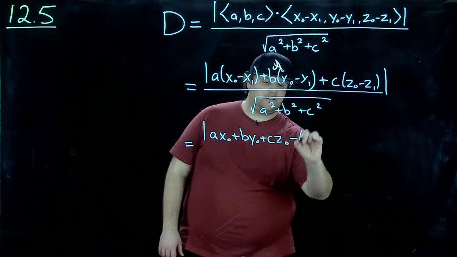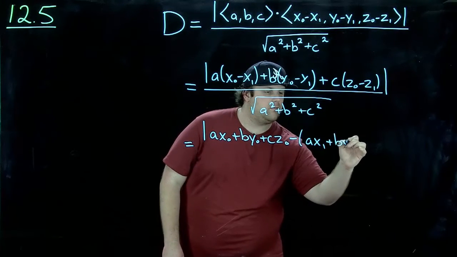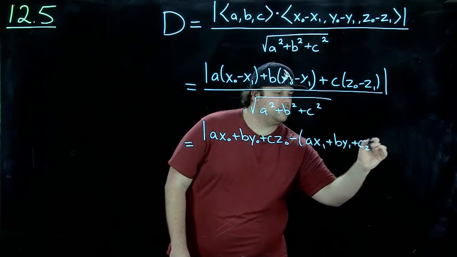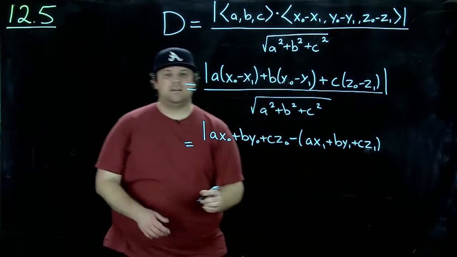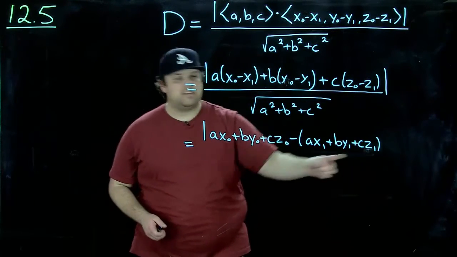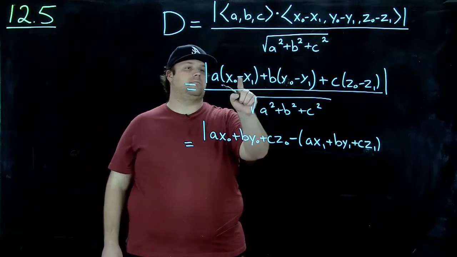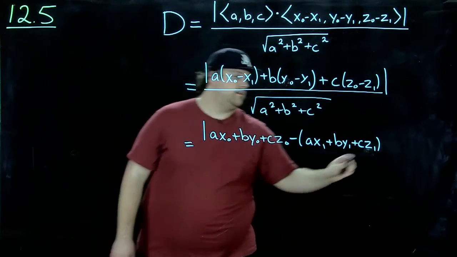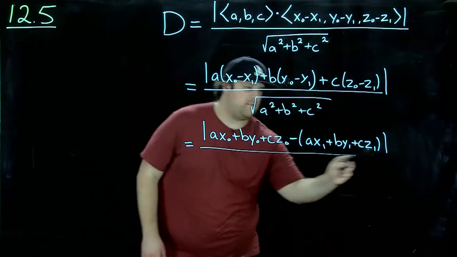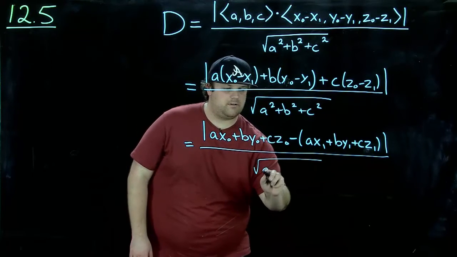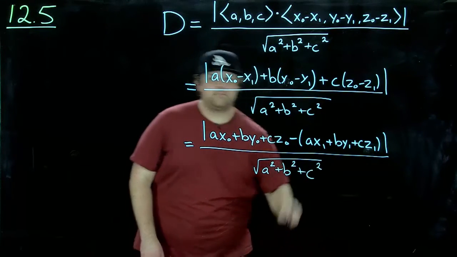So I can conveniently do a x1 plus b y1 plus c z1. Right. And I can factor out the minus from all of those. Right? This one, and this one. Okay, and now we divide again by the square root a squared plus b squared plus c squared.